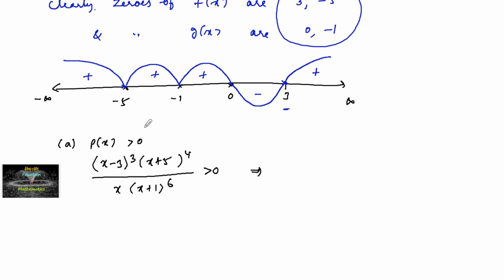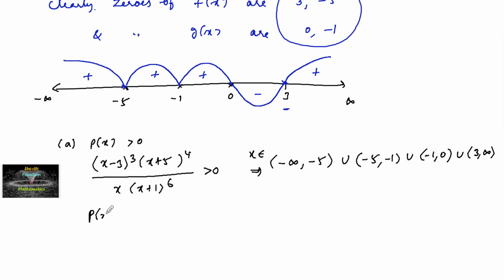At these points your numerator will become 0, so the inequality will not be satisfied. So x belongs to minus infinity comma minus 5, union minus 5 comma minus 1, union minus 1 comma 0, union 3 to infinity. All these points are excluded: minus 5, minus 1, 0, and 3 also.